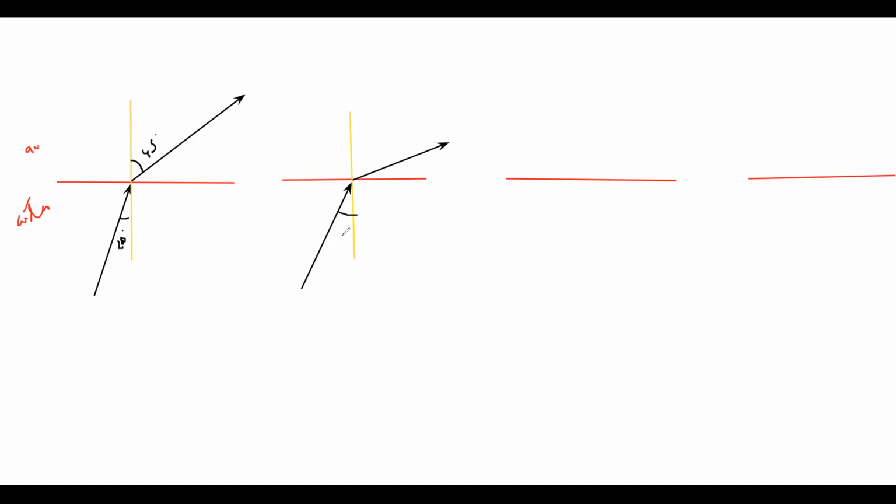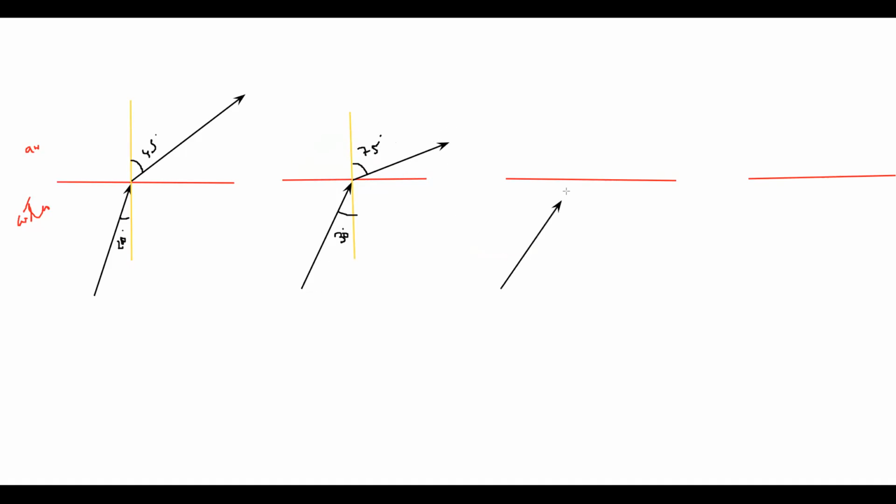For example, I changed this angle to 30 and the angle of refraction was 75. But again, this is not a critical angle, because the angle of refraction is not 90.